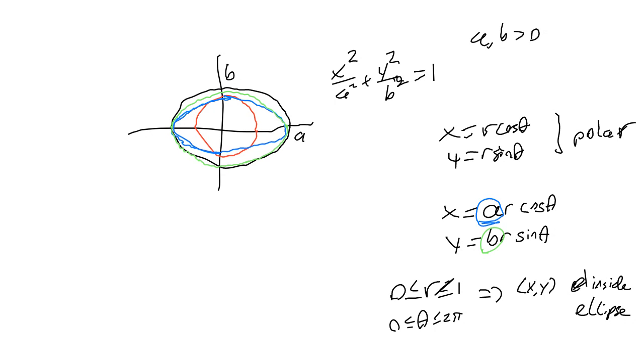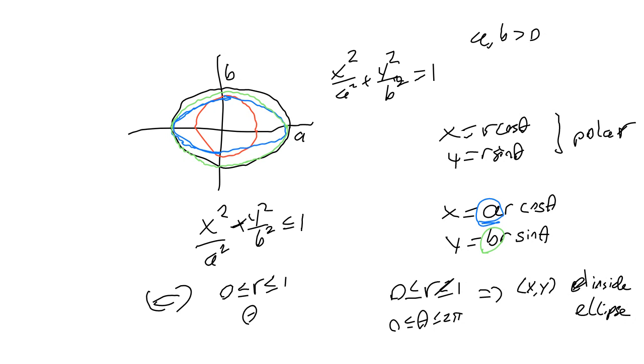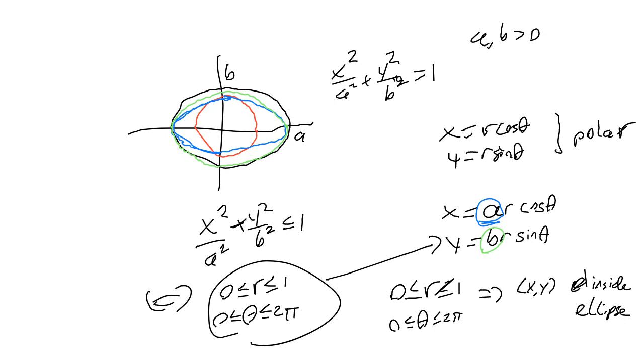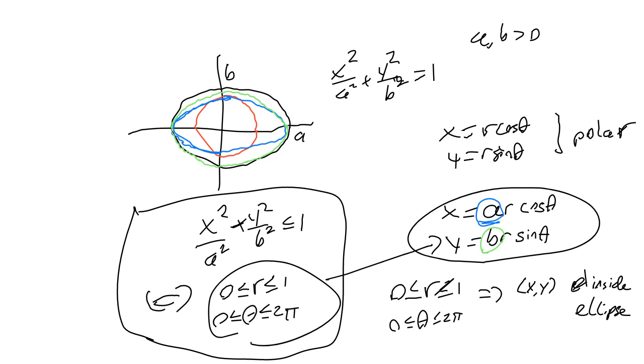So verify that if you're inside the ellipse, so the ellipse has this equation, right? Inside the ellipse, it's less or equal than 1. This is going to be equivalent to saying that these two things are true. But now r and theta are not polar coordinates, they are ellipsoid coordinates. So please verify that these two statements are equivalent.